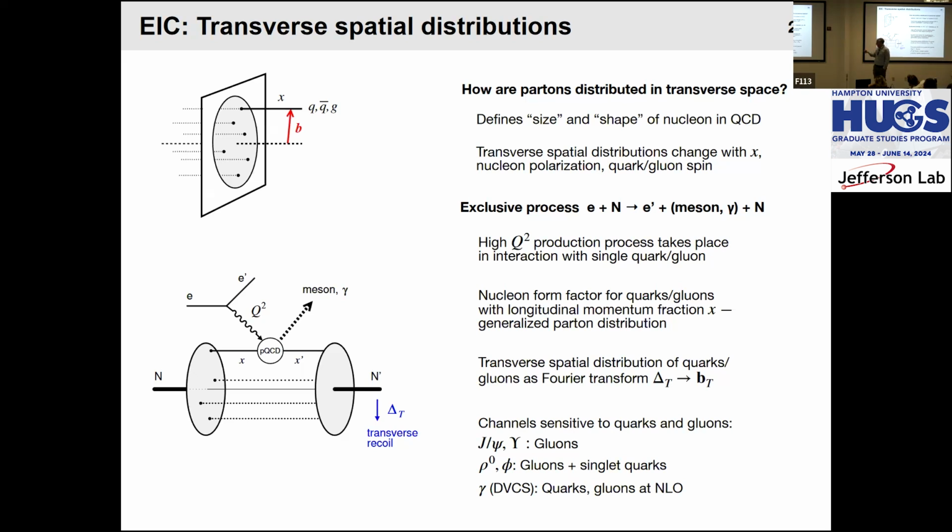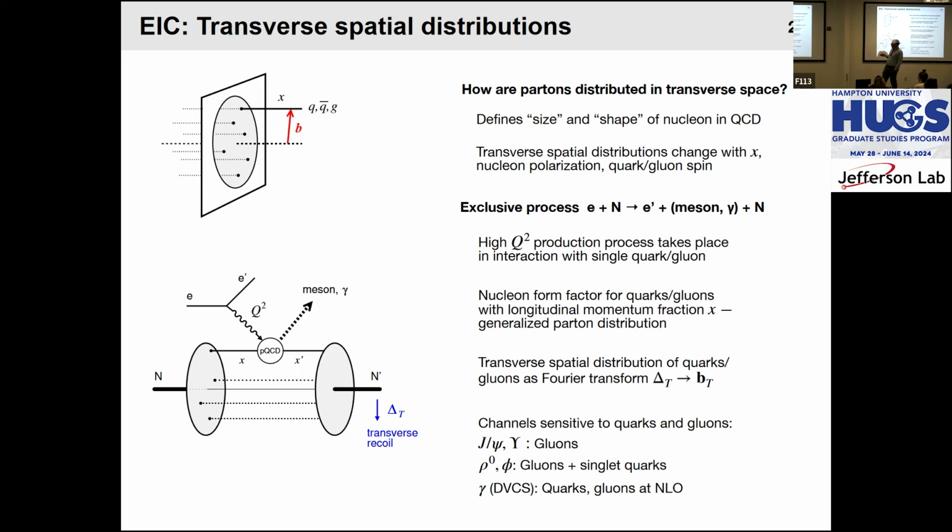And there's a very nice method. We have channels at our disposal that are particularly sensitive to quarks and gluons. For example, production of a heavy quarkonium like J/psi or upsilon is coupled to gluons in the nucleon, and it probes the gluonic generalized parton distribution.